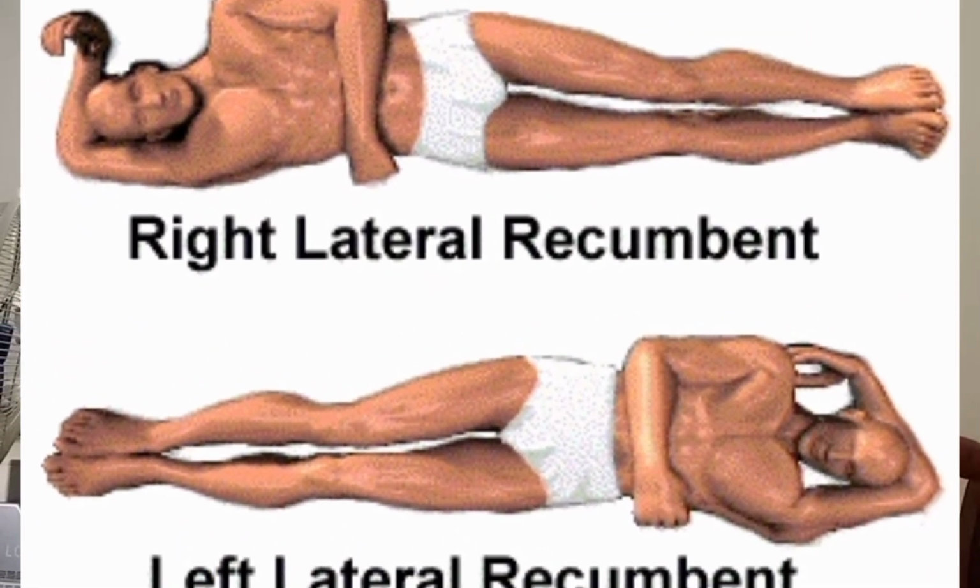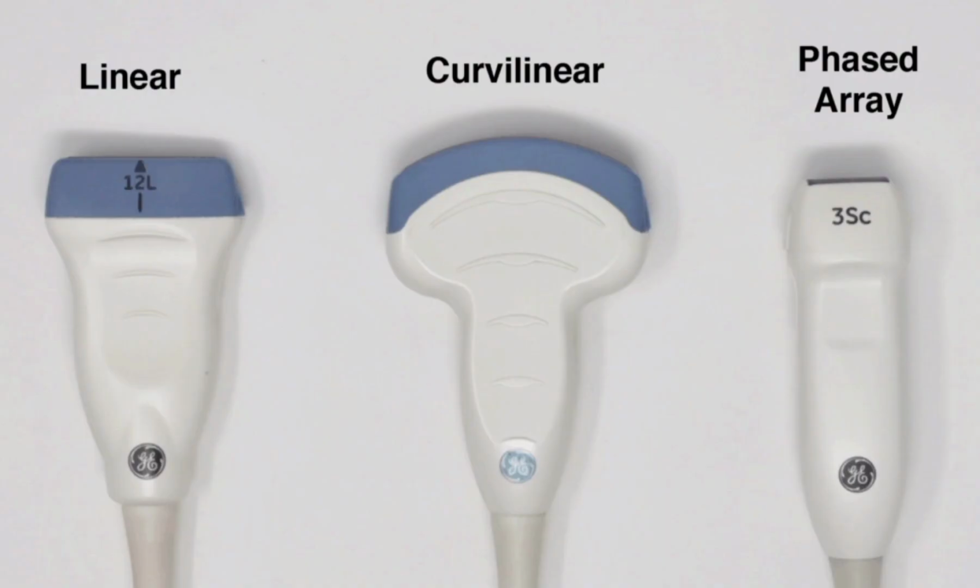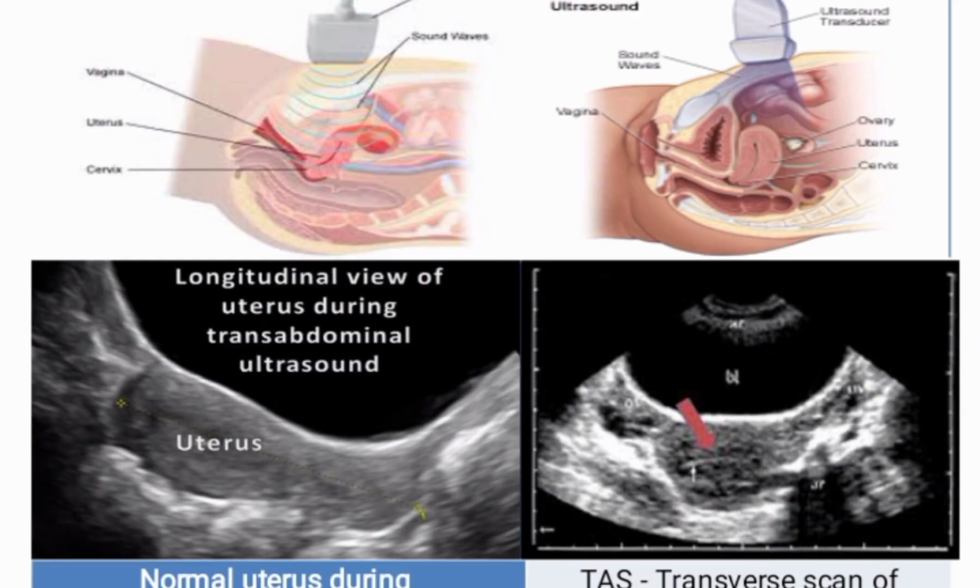For transducer selection, you choose your probe, typically about 3 megahertz to 5 megahertz, and a plane of section, the image orientation, as you see in these images.